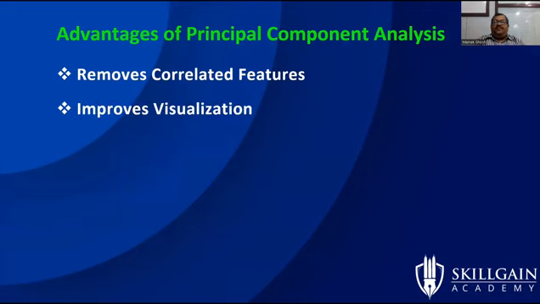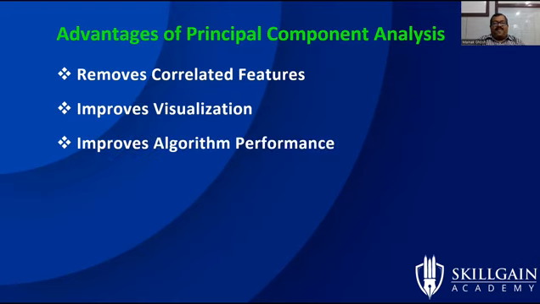It improves visualization. As the dimension is reduced, the data can be visualized properly and easily, and we can get insights from the visuals. It improves the algorithm performance because the volume of the data is substantially reduced. Hence, the algorithm gives faster performance.